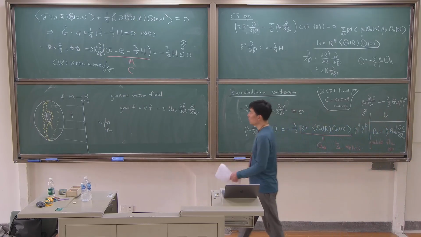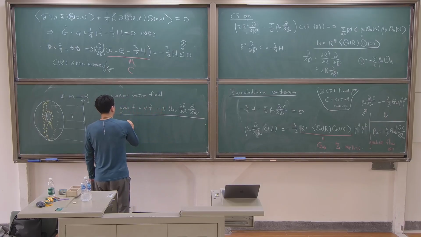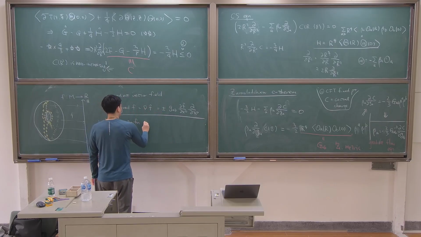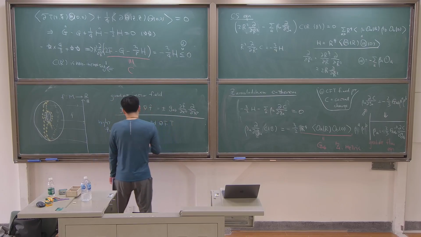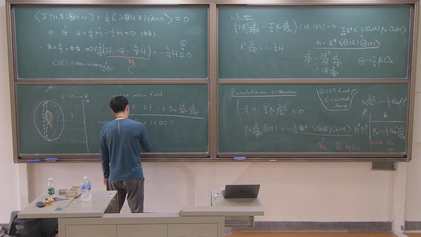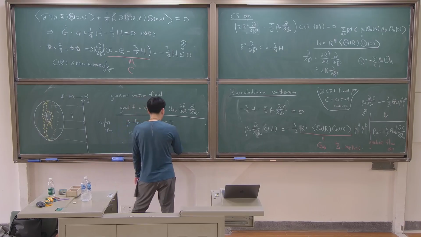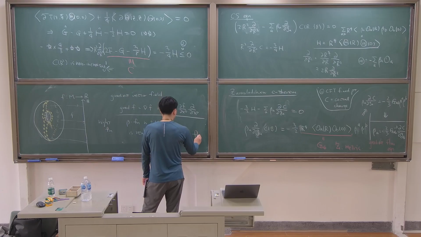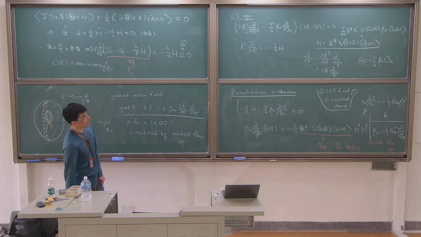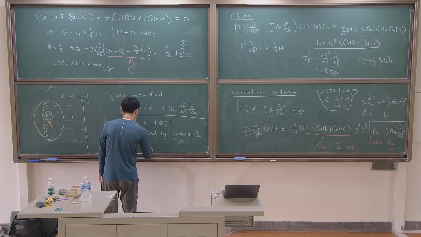Therefore, the beta function in 2D QFT is realized by this gradient flow equation with the Zamolodchikov metric.